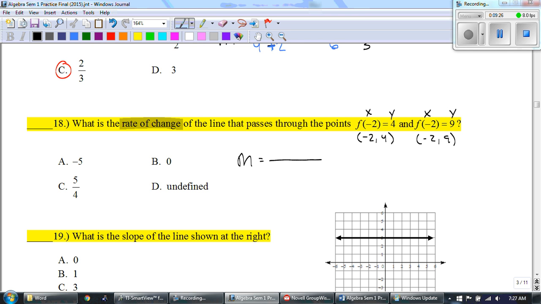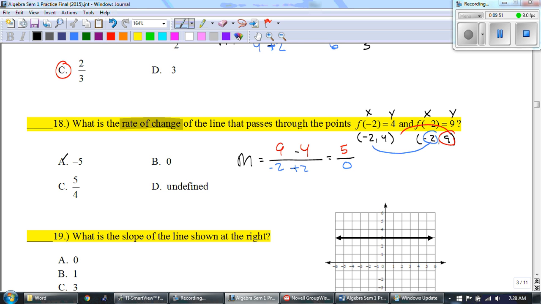And then we're just going to use the slope formula to find it out. So 9 minus 4 on the top, and then negative 2 minus negative 2, which turns into plus 2. 9 minus 4 is 5, and then negative 2 plus 2 is 0.